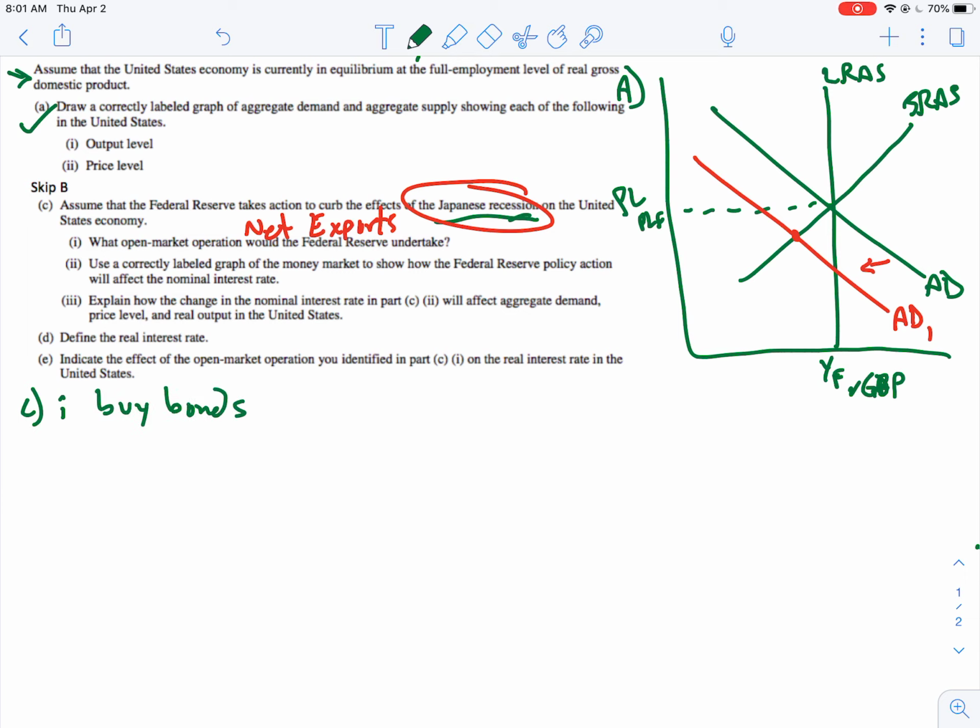AD is going to rise primarily because of IG. Okay, and then consumer demand will rise some because some people will buy cars. But remember that most of consumer demand is not interest rate sensitive. Okay, so additionally, this is going to put upward pressure on the price level.